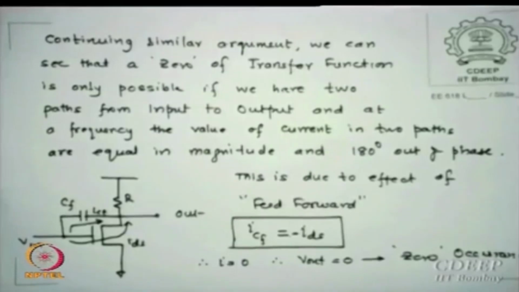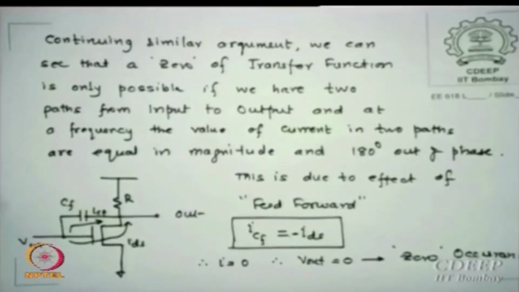At that time the output will go to 0. So we say a 0 is occurring because the feed forward current is matched by the transistor current, which is out of phase at that frequency, with equal magnitude. Then only there is no current and therefore the AC output goes to 0.